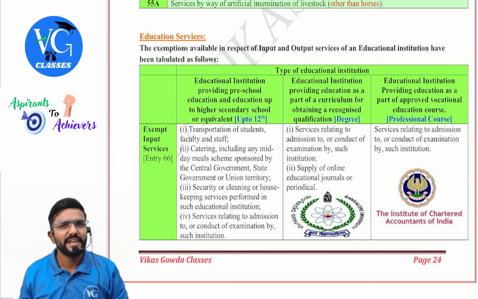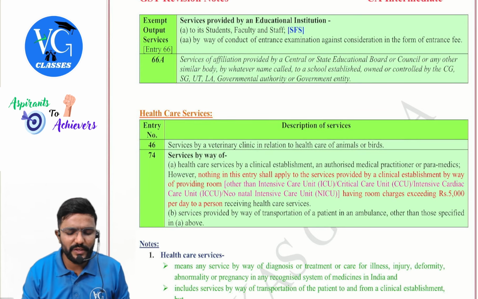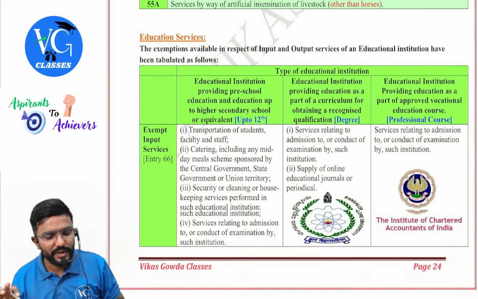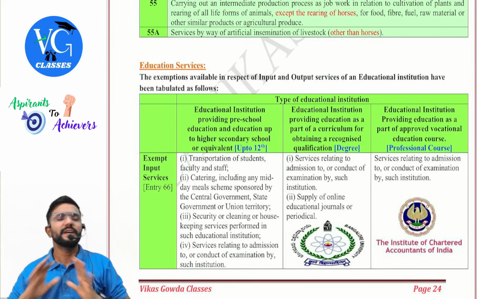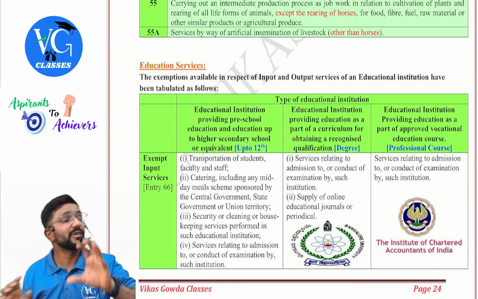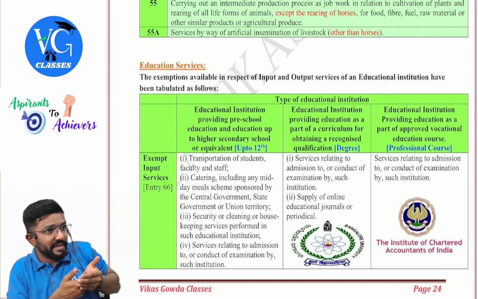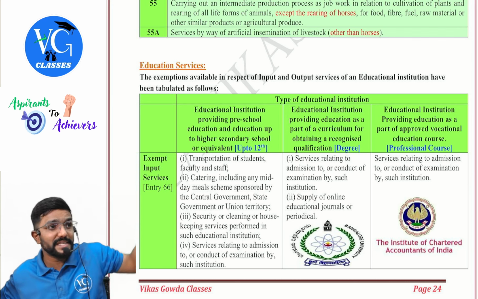Guys, see, listen here. If school itself is providing all this directly to the students, always covered here, fully exempt. Now, no, sir, school is not providing transportation, catering. They have outsourced it to the others. Now, educational institution is receiving it and giving it to the students. Now, when educational institution is receiving, is it exempt or taxable?